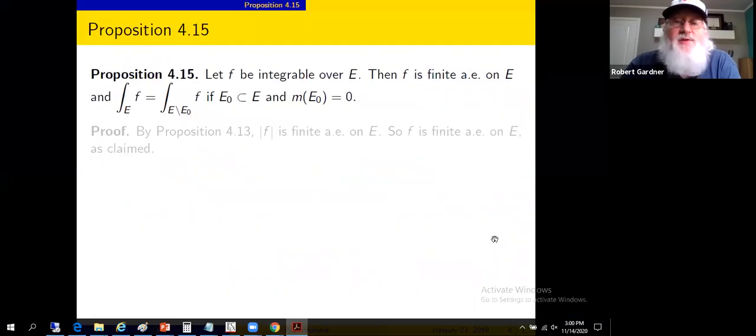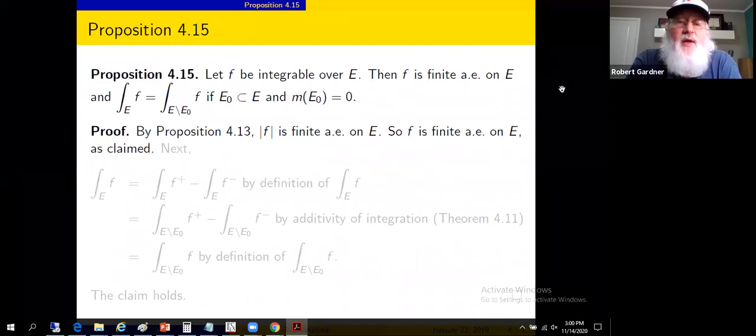A proof of that is not very complicated. We'll just translate it into class 2 functions, into non-negative functions. The absolute value of f is finite almost everywhere on E, provided we have integrability of the absolute value, proposition 413, from the previous section.